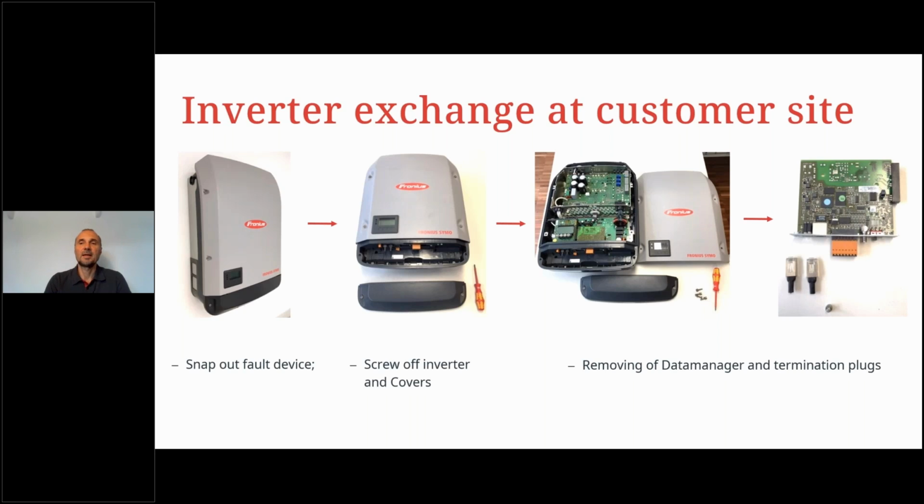This is the so-called communication card, where all the information is stored, and therefore you also need to exchange this one. Probably you have a light inverter. A light inverter doesn't include the data manager card, so that's also possible, of course. Then you don't need to exchange the data manager.